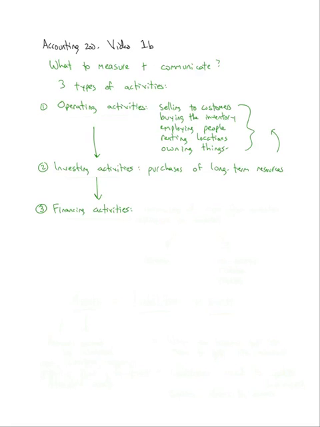Financing activities are the receiving of cash from investors. And after we've made money and our investors would like to be paid back, we also can think of repaying our investors as a financing activity.